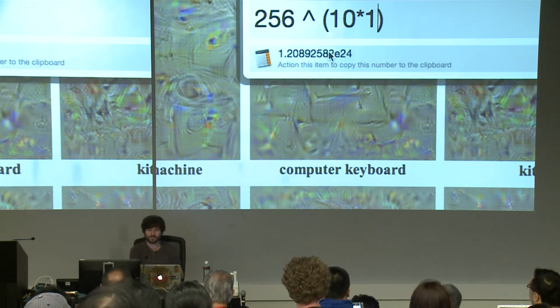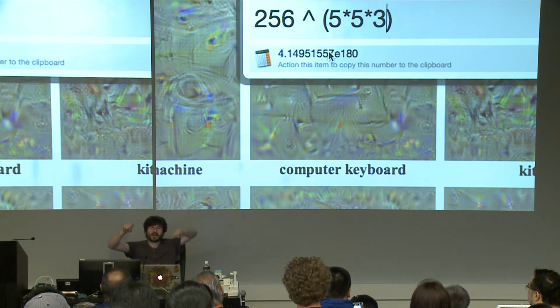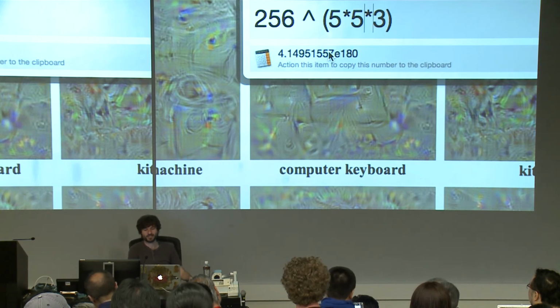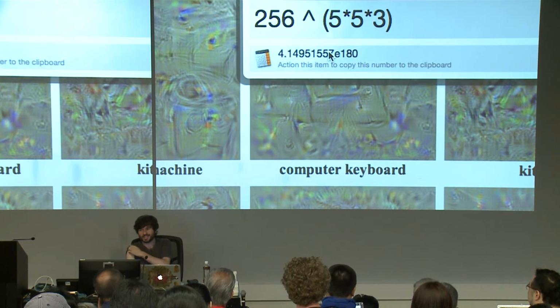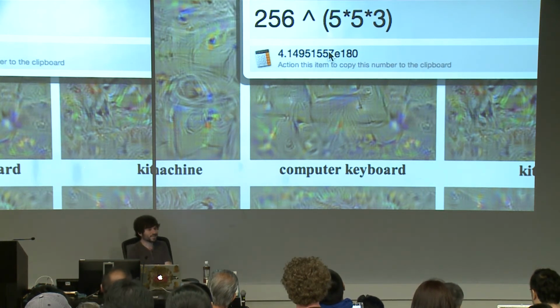The number of 5 by 5 pixel images is 10 to the 180th. So there are way more 5 by 5 pixel images than there are atoms in the universe. That's really unintuitive to people, but it's completely true. So that's not going to work, basically.